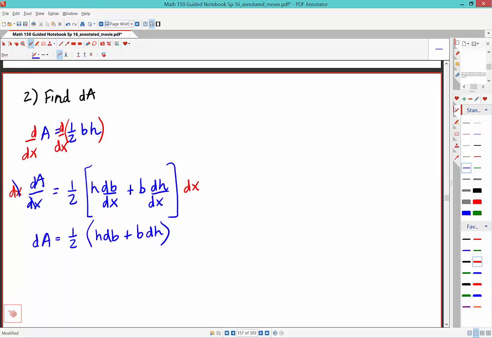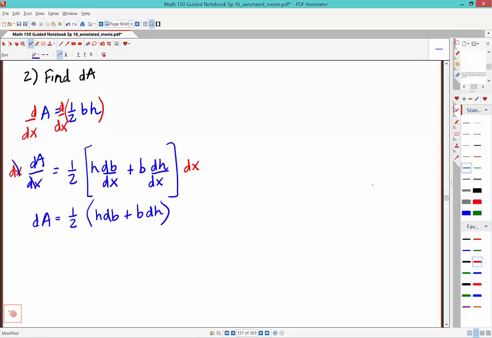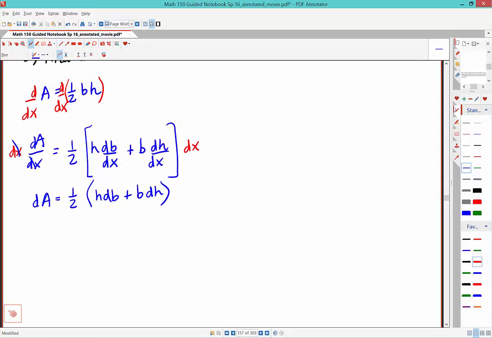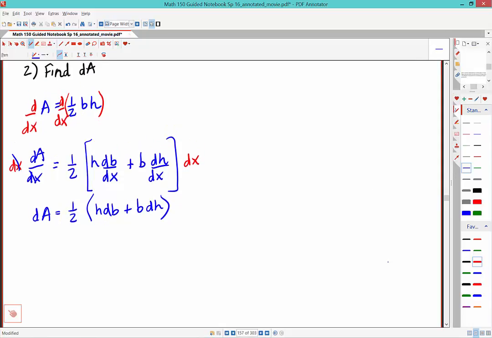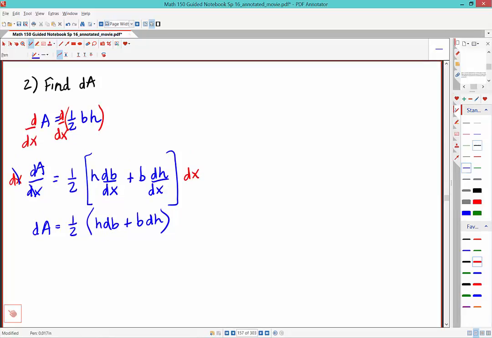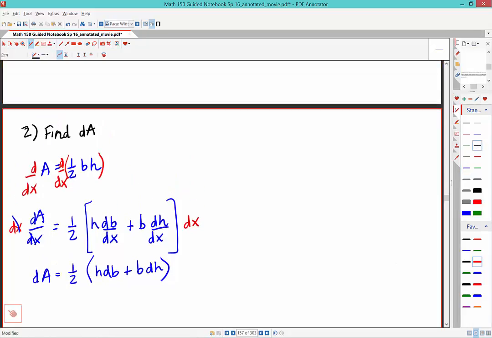So you can go ahead and memorize differential formulas, but if you just differentiate both sides with respect to a variable, doing implicit differentiation for all the variables, then you'll be fine. You just multiply out that excess variable. So here we got our differential. So now we found dA, and actually I think that was number 3 in this case. So now why don't we plug everything in.